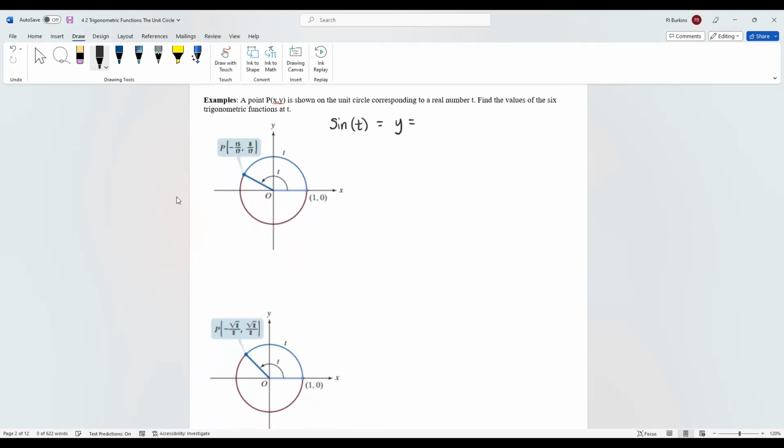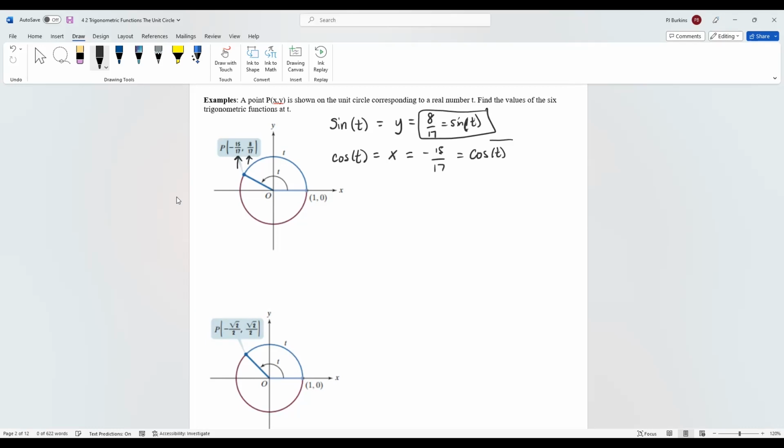And in this case, the y coordinate is 8/17. So that is sine of t. If we wanted the cosine of t, we know that that's just the x-coordinate. So that's going to be here, which is -15/17.